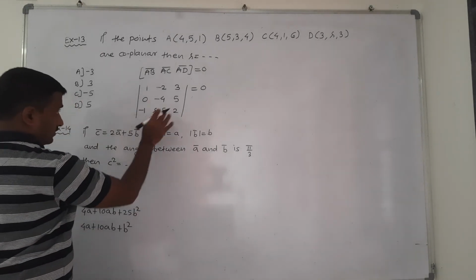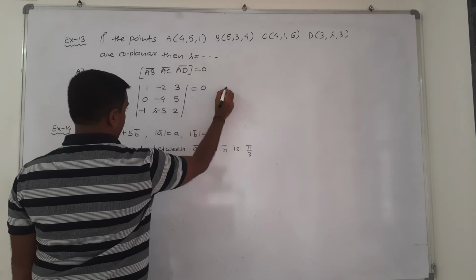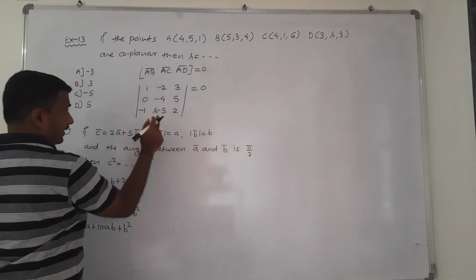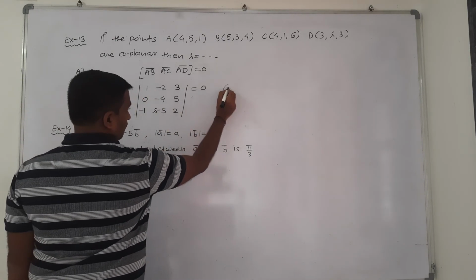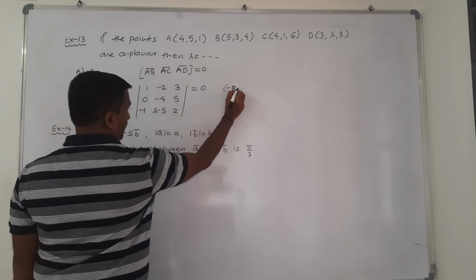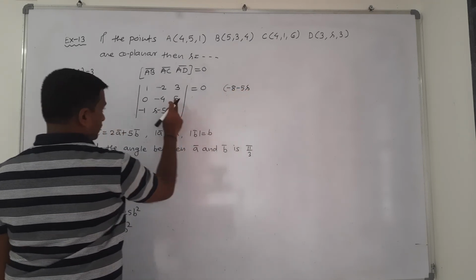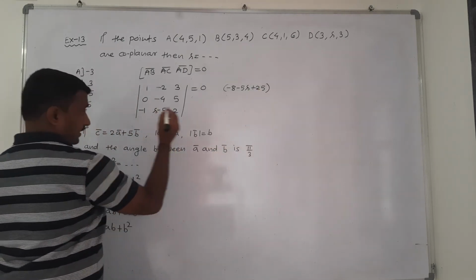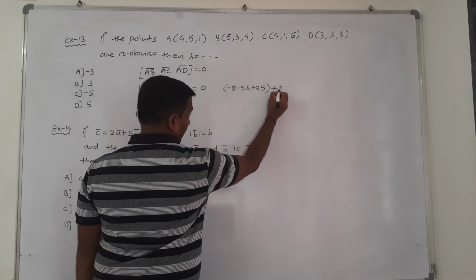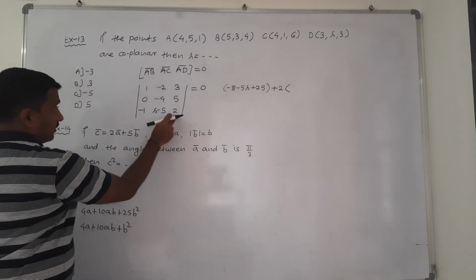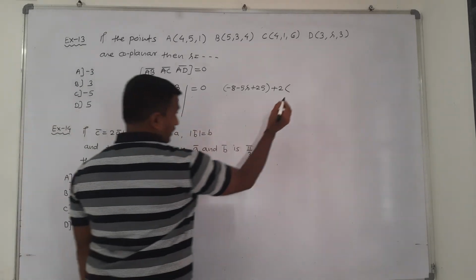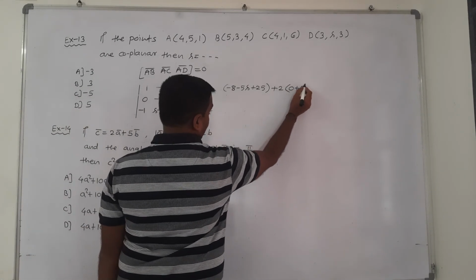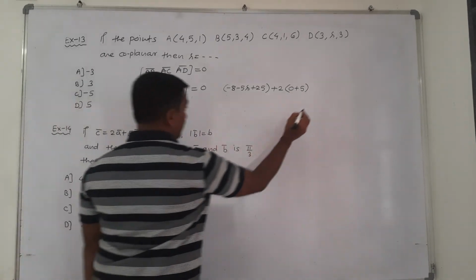Now simplifying this: 1 into this, 4 outside one neglected, minus 8, then minus 5 lambda plus 25. Second, minus sign is already there, therefore plus 2 inside, this is 0, minus 5 plus 5, and last one plus 3 inside.